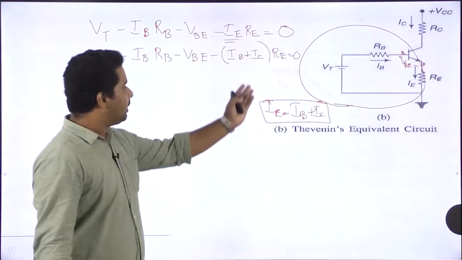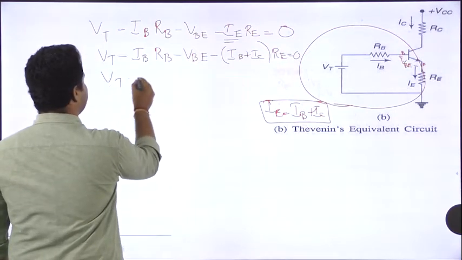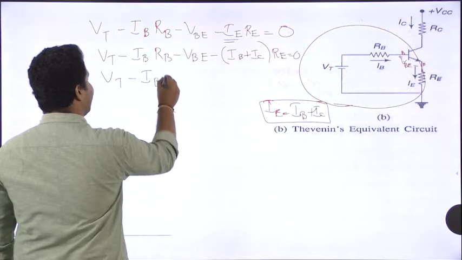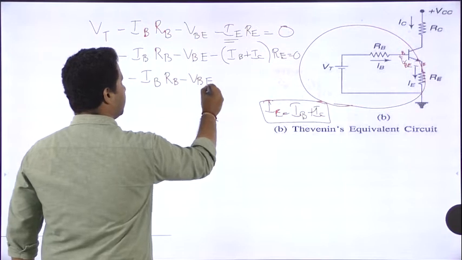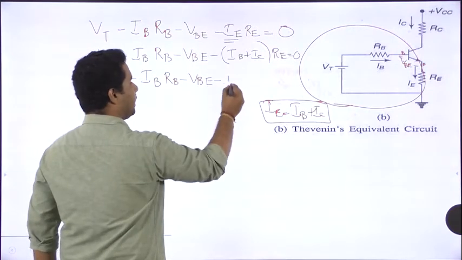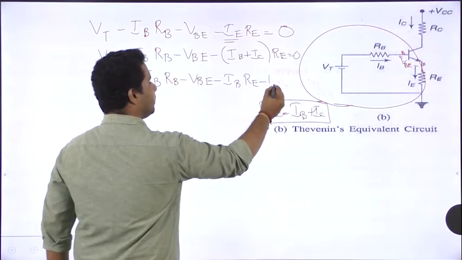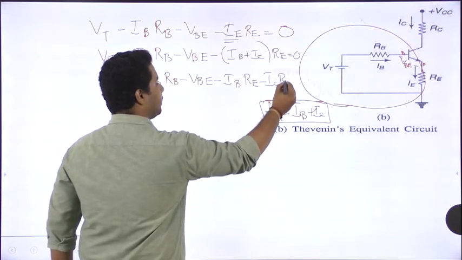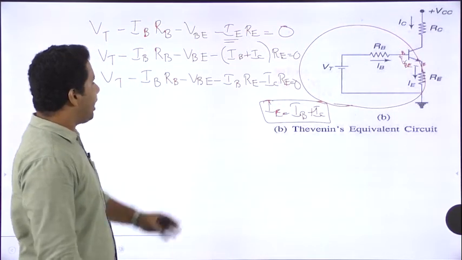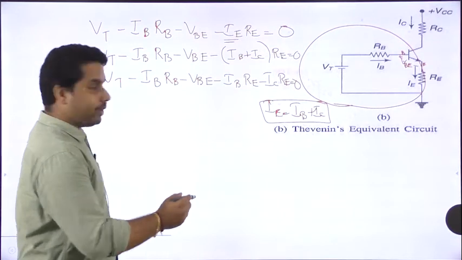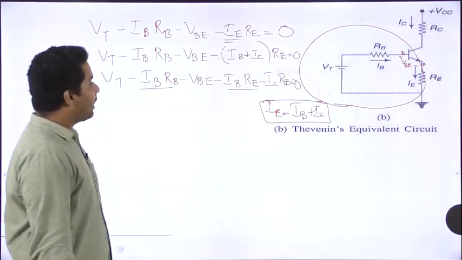Next step, I will open this bracket. So VT minus IB RB minus VBE, open the bracket, so minus IB into RE, then minus IC into RE is equal to 0. And from this one we have to take the IB terms common. Here one IB RB is there, here one IB RE is there, right?